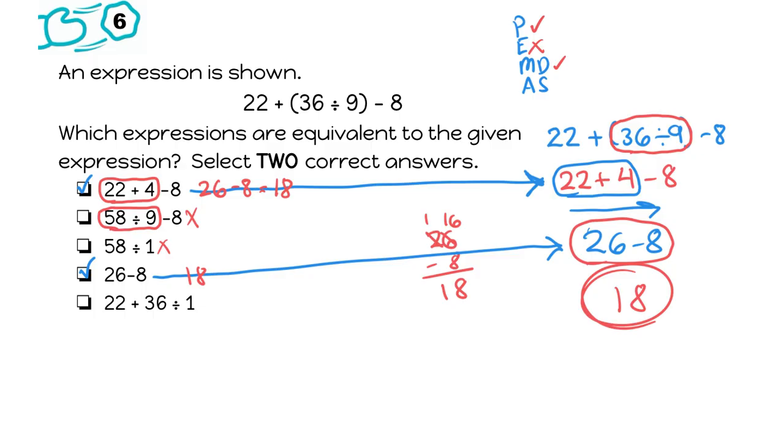And the last one, 22 plus 36 divided by 9, we would do the division first. And so we'd have 22 plus 36. And I don't think 22 plus 36 is going to equal 18. It actually equals 58. And so definitely those two are equal to my original expression.